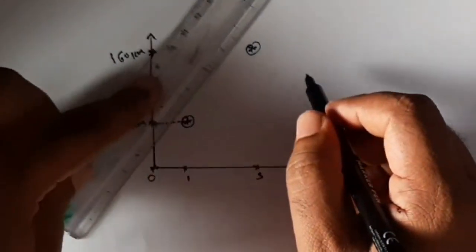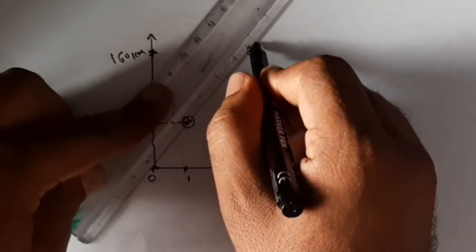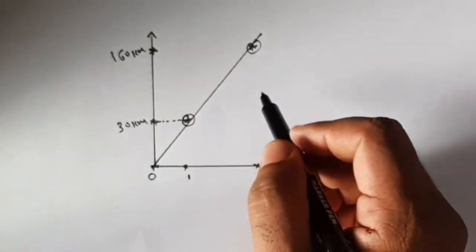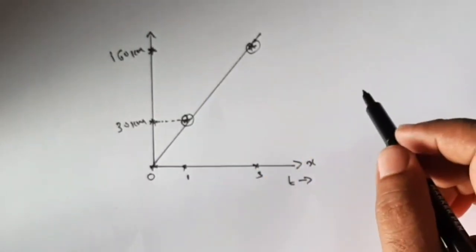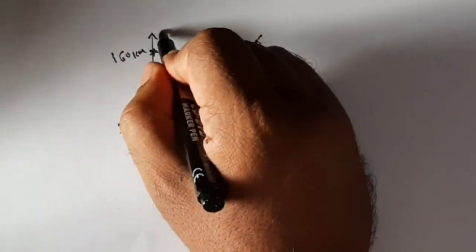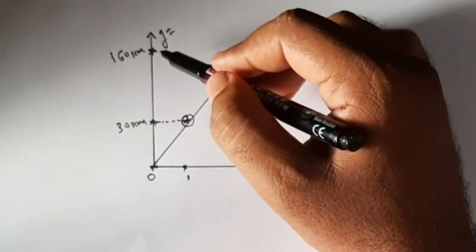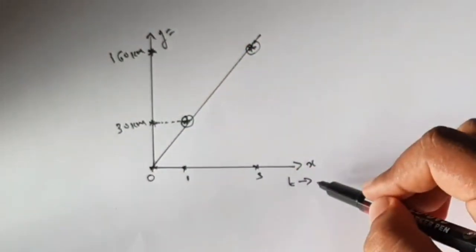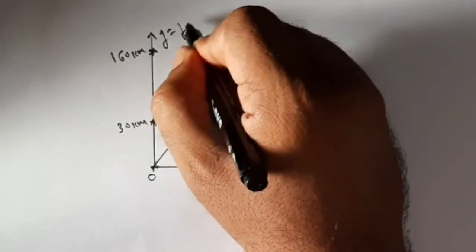Now you join these points, so you will get this straight line. This graph represents our traveling graph. On the y axis we have taken distance covered, and that distance covered is depending on time, so we can take y is equal to f of t.